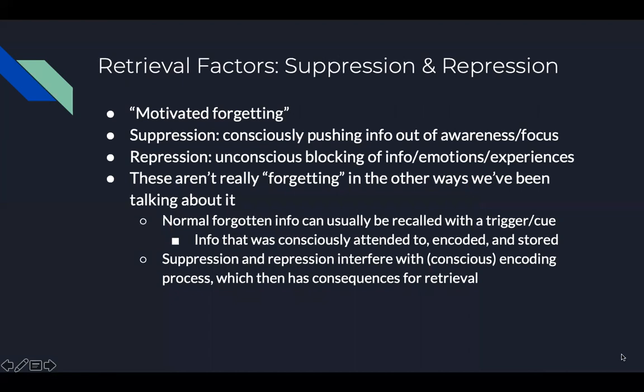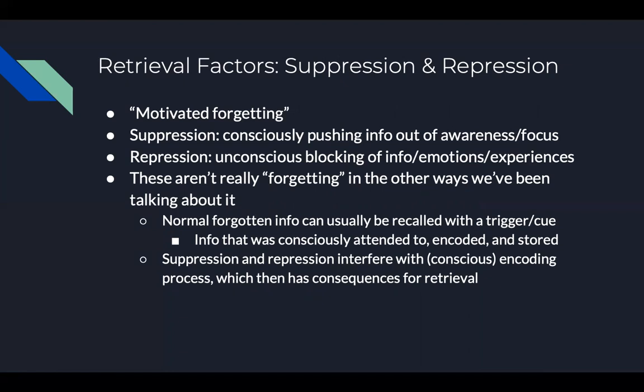And finally, there are the factors of suppression and repression that can interfere in retrieval. These are sometimes described as falling under the umbrella term of what we would call motivated forgetting.